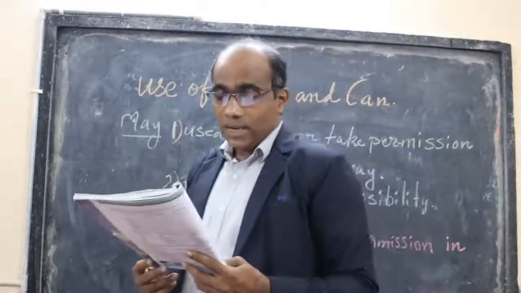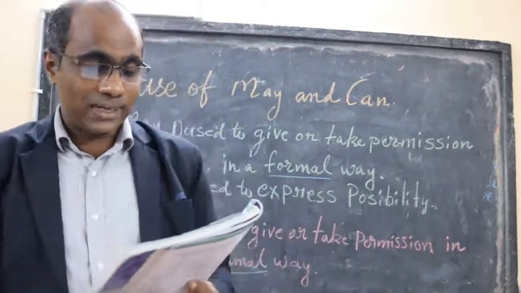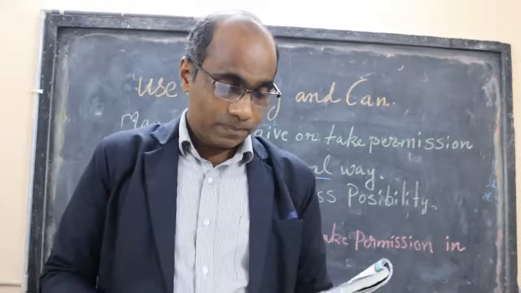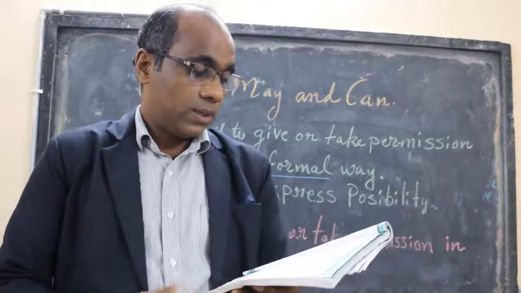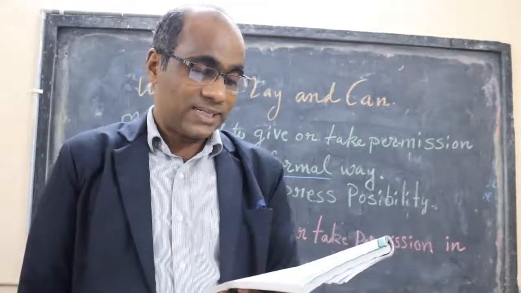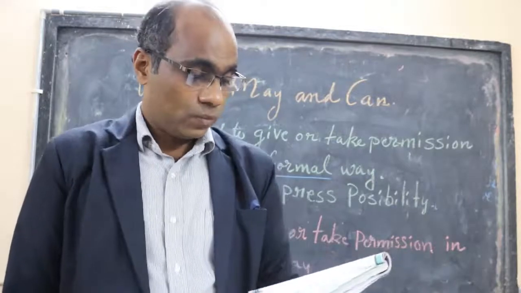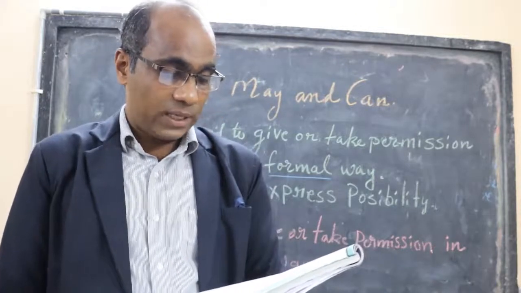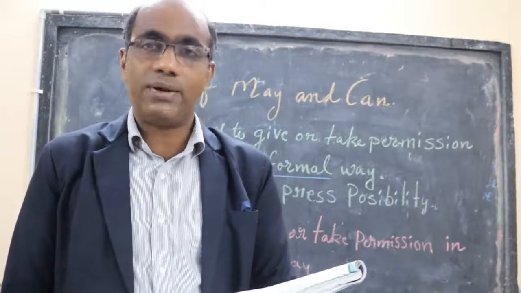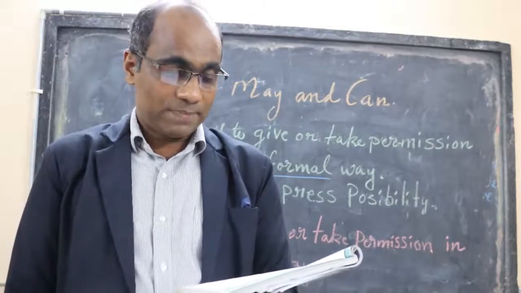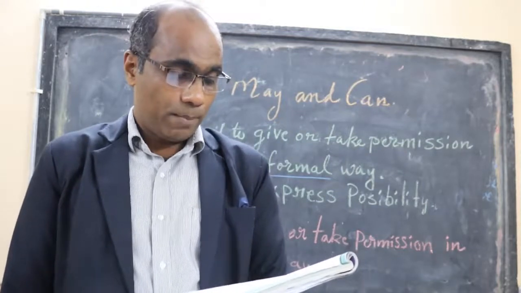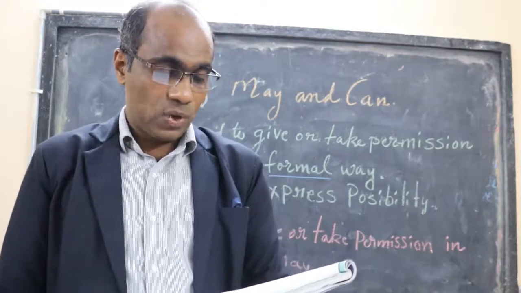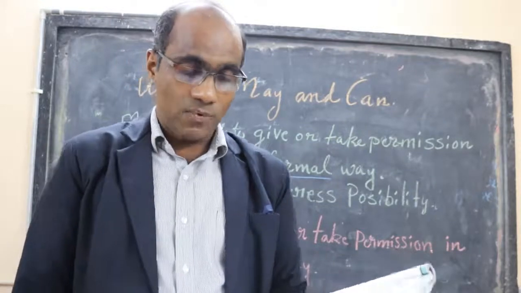Okay, my dear students, now we can come back to the next part, that's on page number 11. Rewrite the following sentences as directed. The boy seems to cry if you do not buy an ice cream for him. Express this using may. The boy may cry if you do not buy an ice cream for him.